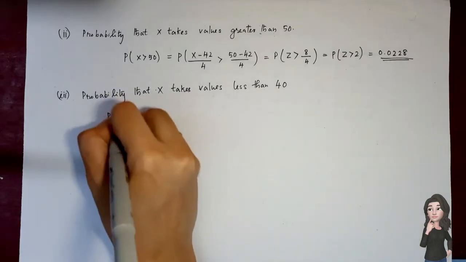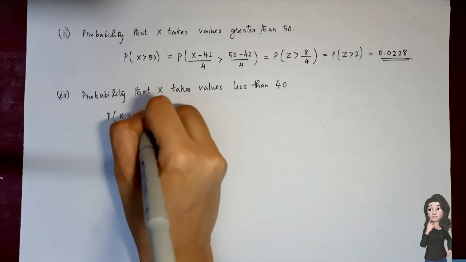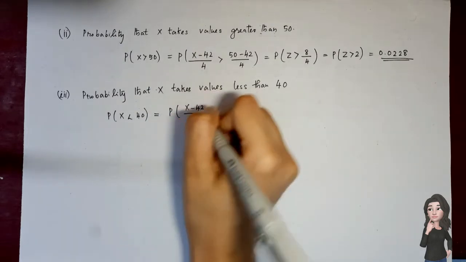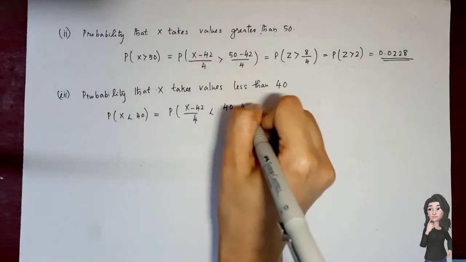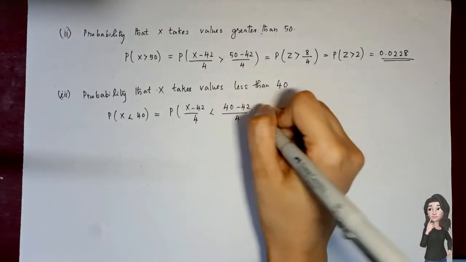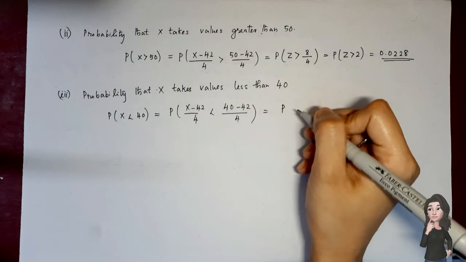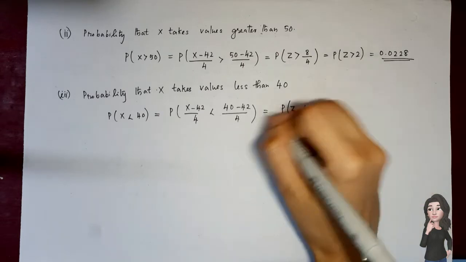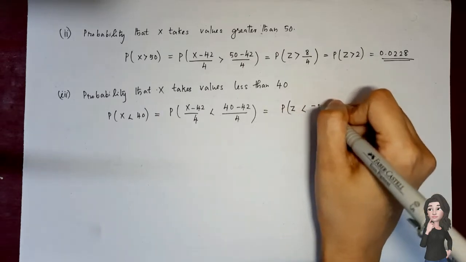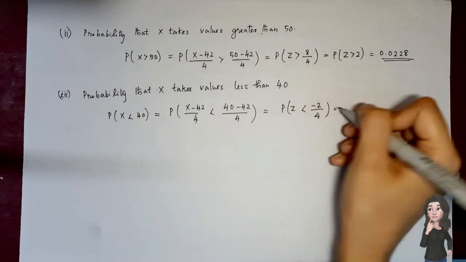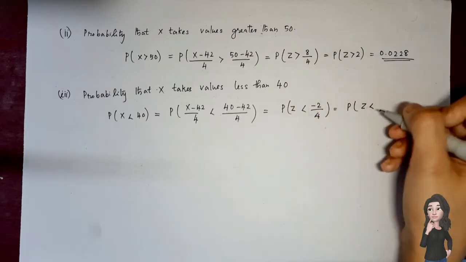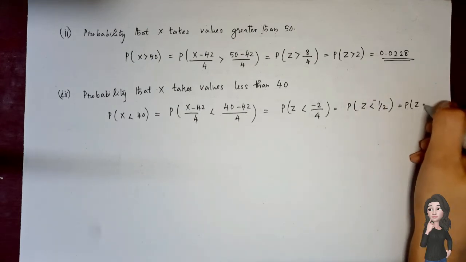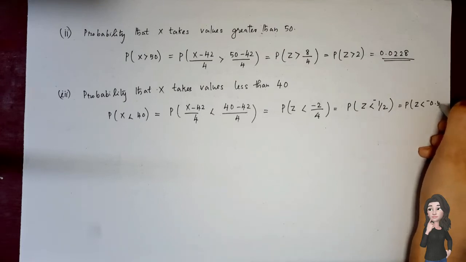So we take the probability of x less than 40, which on standardization we get (x minus 42) divided by 4 less than (40 minus 42) divided by 4, which is the probability of z less than minus 2 divided by 4, which is the probability of z less than minus 1 by 2, which is the probability of z less than minus 0.5.